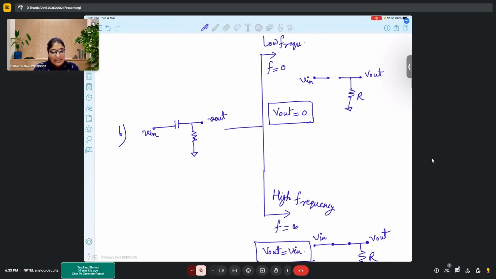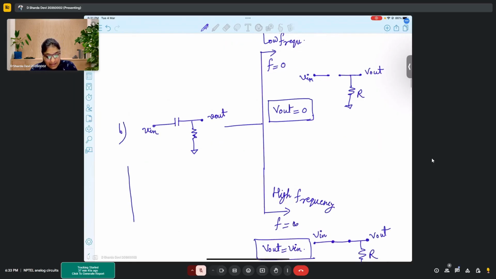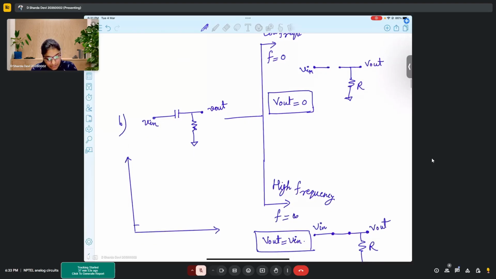In this case, we see that for low frequencies, our output is 0. Say this is the 0 value. So for low frequencies, the output is 0, and for high frequencies, the output is 1, if this is gain.